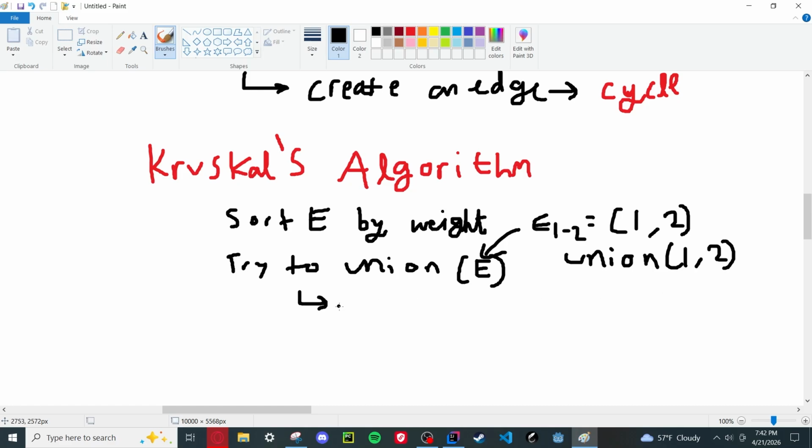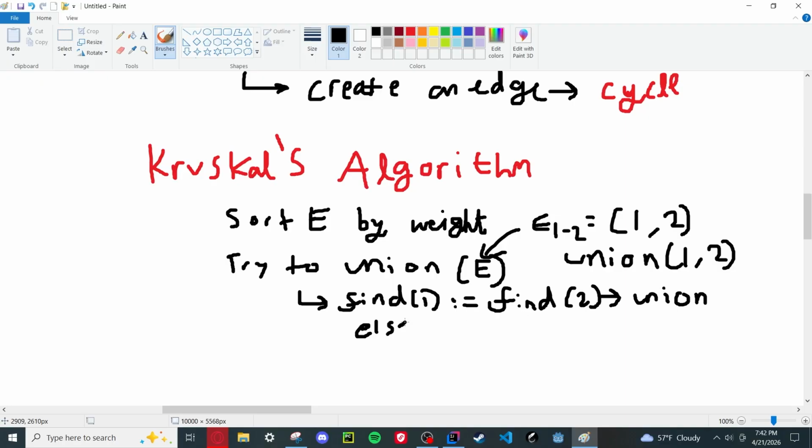And then if find of 1 is not equal to find of 2, then let's proceed with the union. Else we will skip it entirely. And then we'll move on to the next weight.